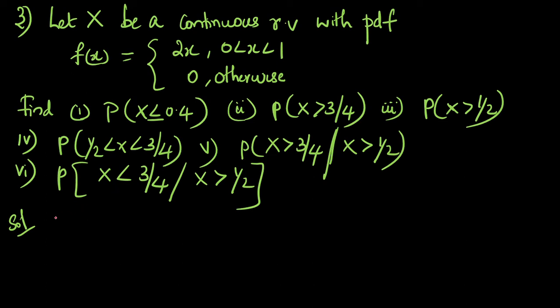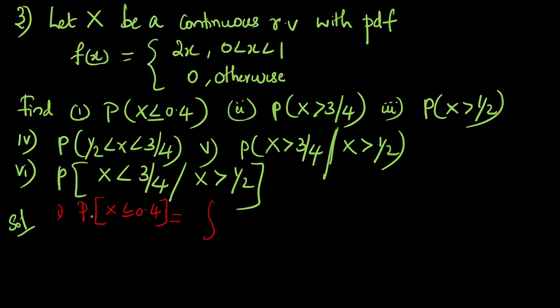First, we have to find p of x less than or equal to 0.4. So, take the limits as such. In our standard property, integral minus infinity to plus infinity f of x dx.